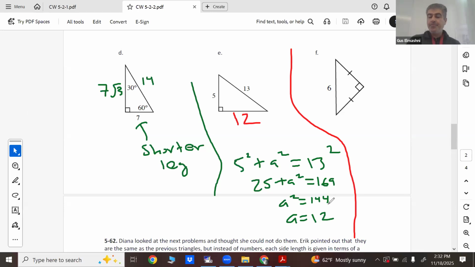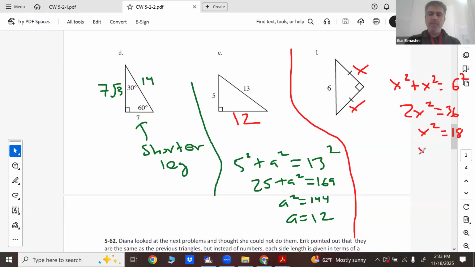So you get 12. Lastly for this one, if you want, you could do Pythagorean theorem. If you so desire, you could totally do that, and you get 2x squared equals 36. X squared is 18. X is root 18. So x is 3 root 2.